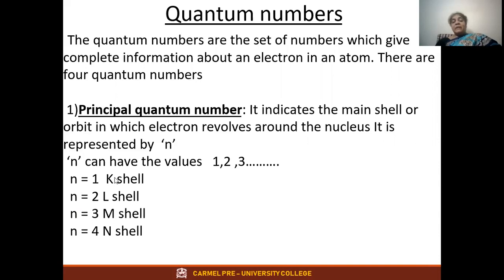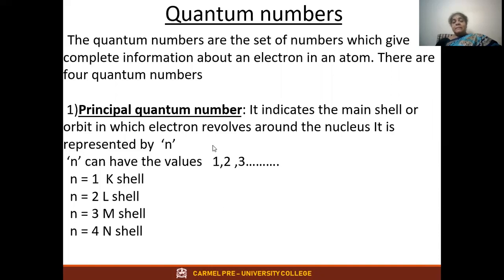So depending upon the value of n, we give the name for the shell: K, L, M and N. Bohr also calls it energy level. He says first energy level, second energy level, third energy level, fourth energy level and so on. So energy levels or main shell or orbit is indicated by principal quantum number.